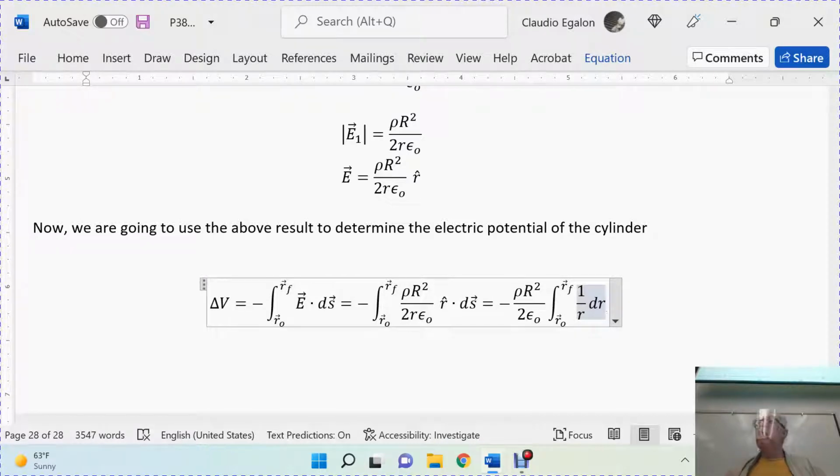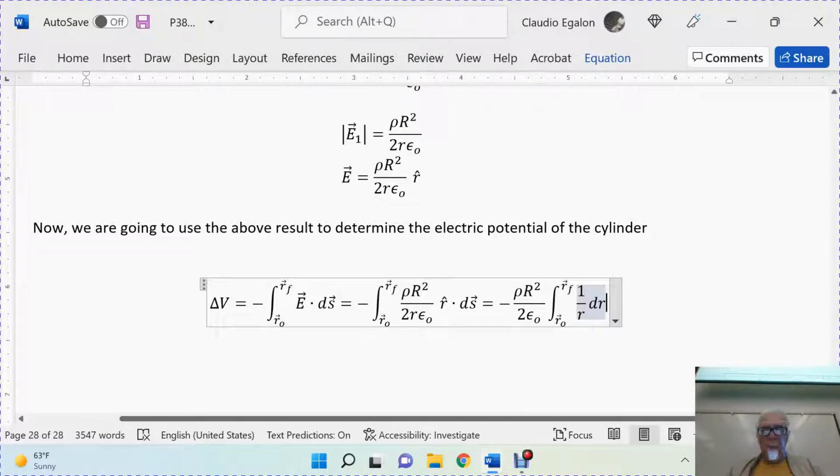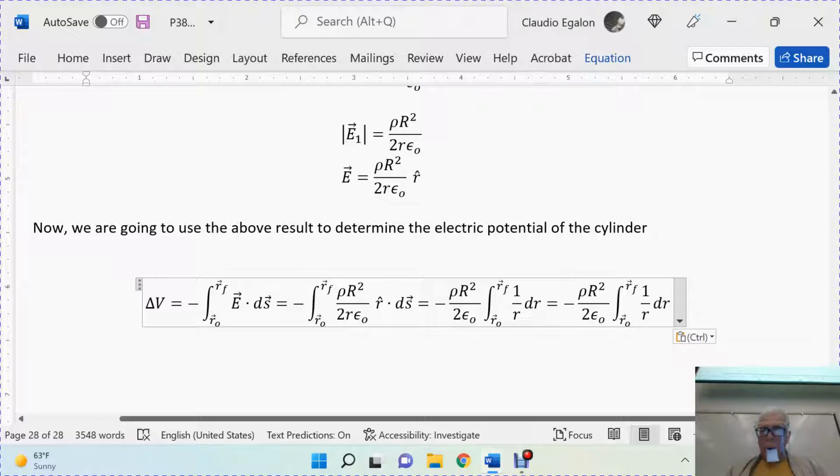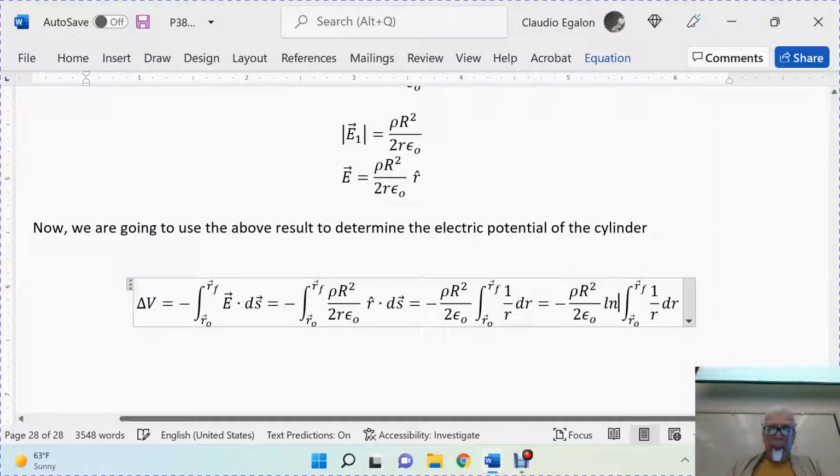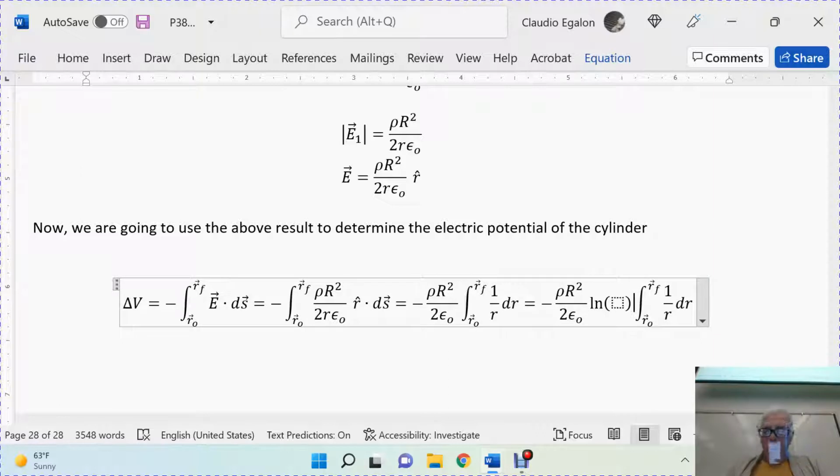The polar coordinate, not the radial direction in the spherical coordinate. We have here, and now we can go ahead and do this integral that is going to be the natural log of r.